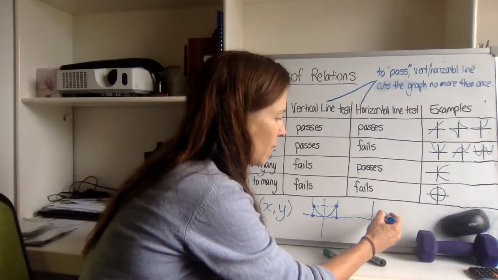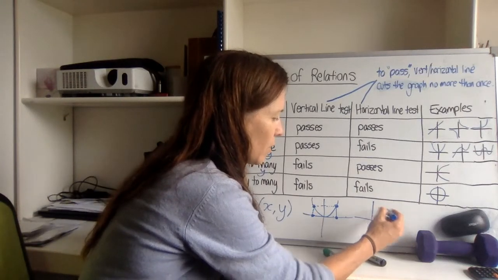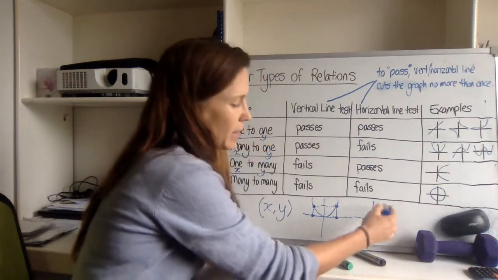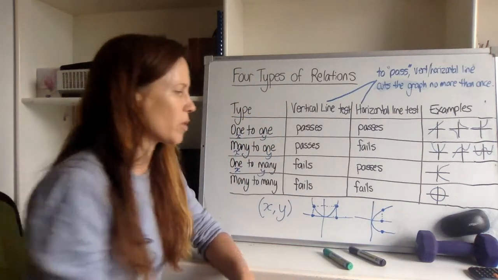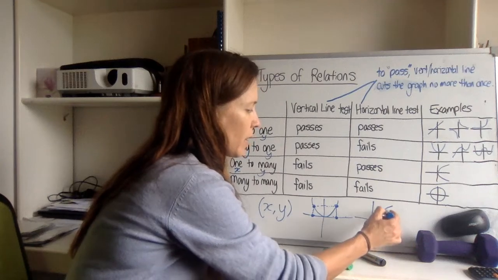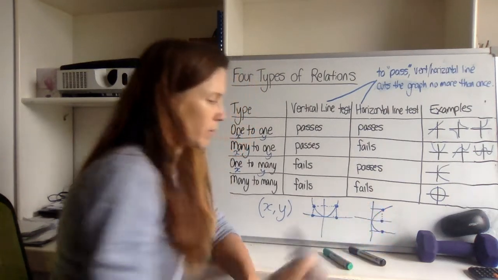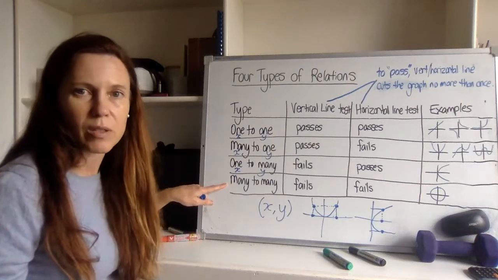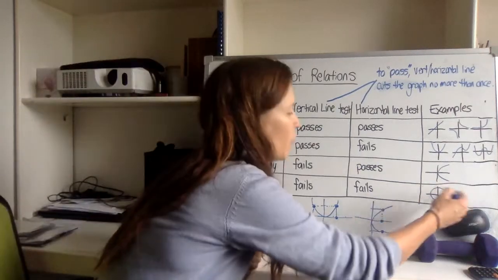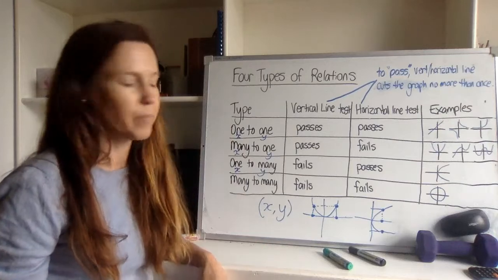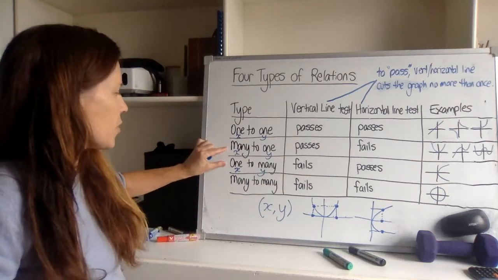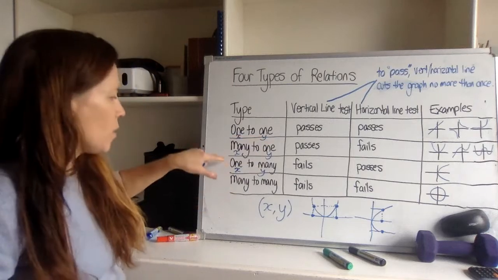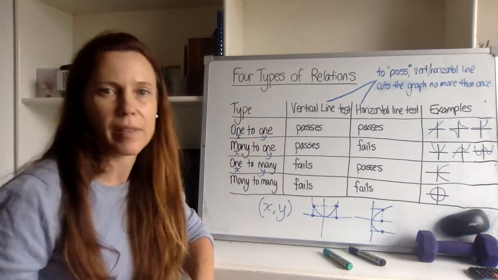So if it had a y value that it matched up here, but it had another y value it mapped to down there, then it would make sense that it would be one of those sorts of graphs, because one x is going with two different y values, okay? And many to many, I think that's probably the easiest one to remember actually, which is that it's going to fail the tests in both directions. I think the only two that are kind of confusing are these, and remembering that it's the many x's to the one y, one x to many y's, I think helps.